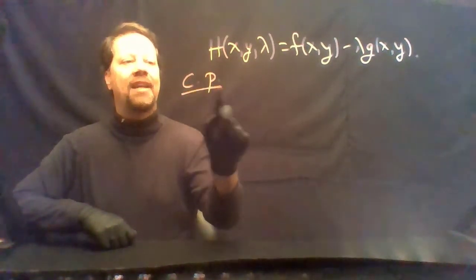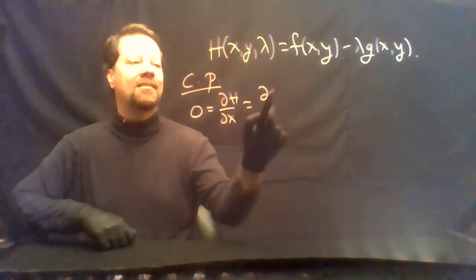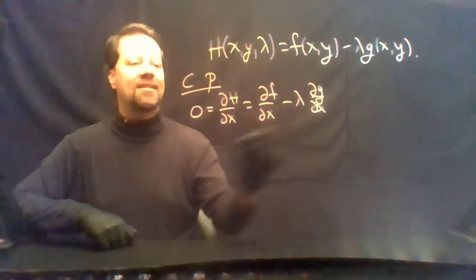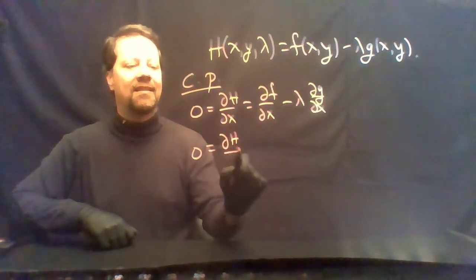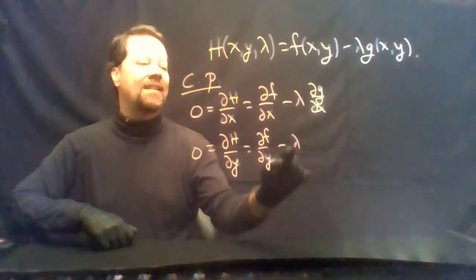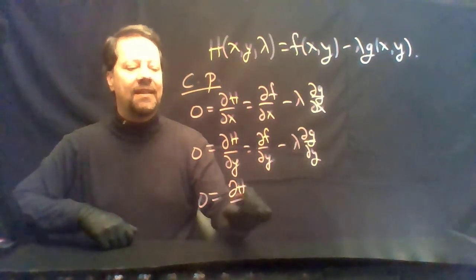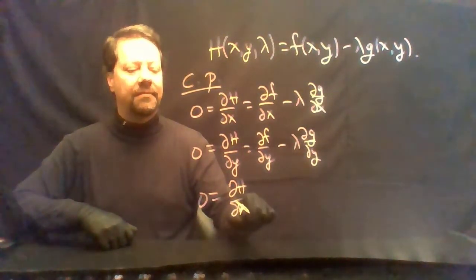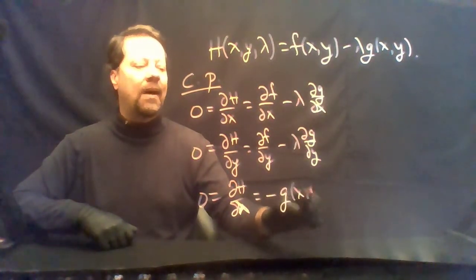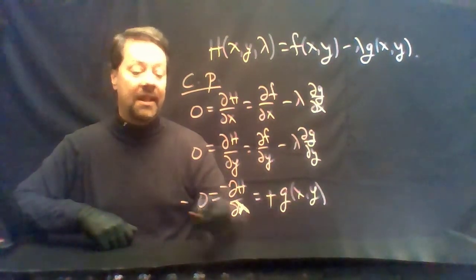Then the critical points of h satisfy 0 equals dh/dx, which is df/dx minus lambda dg/dx. 0 equals dh/dy, which is df/dy minus lambda dg/dy. And 0 equals dh/d lambda. The derivative with respect to lambda is just minus g(x, y), which is the same, if we multiply through by a negative, as g equals 0.